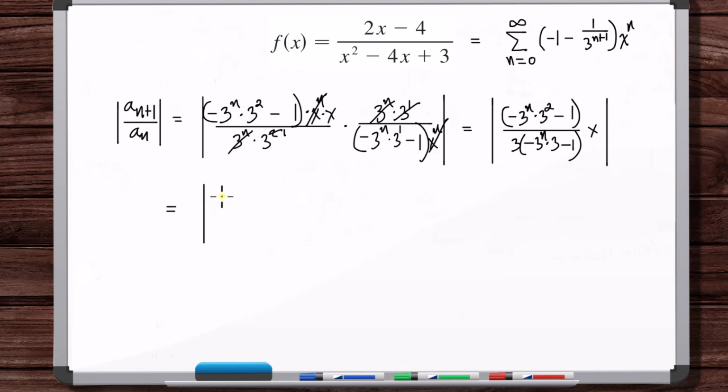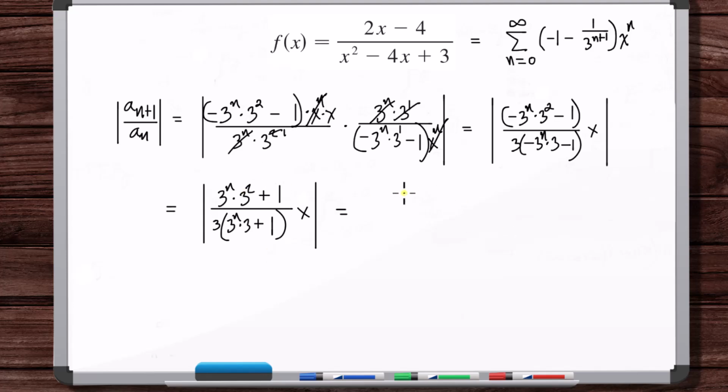So this is just 3 to the n times 3 squared plus 1 over 3 times 3 to the n times 3 plus 1. We could maybe factor out a 3 from here. We could take all this out of the absolute value.